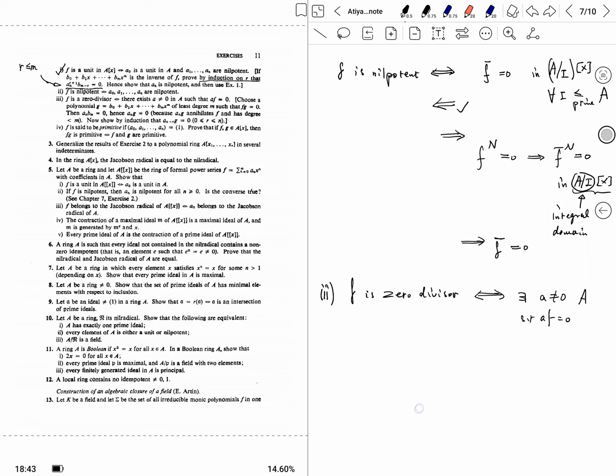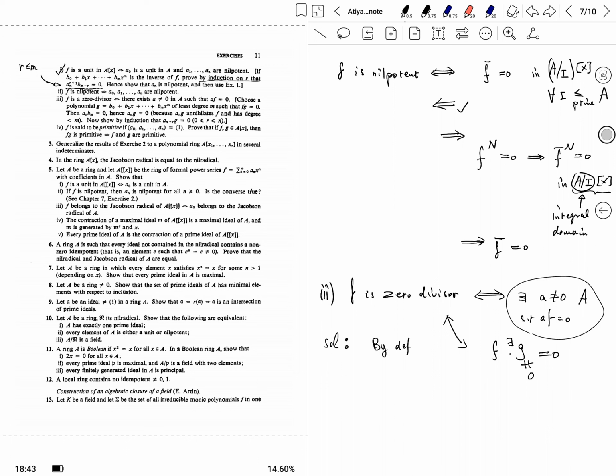Because by definition, this is equivalent to there exists some g, a non-zero polynomial, with fg equals 0. But now you only have to show that there exists some non-zero constant.